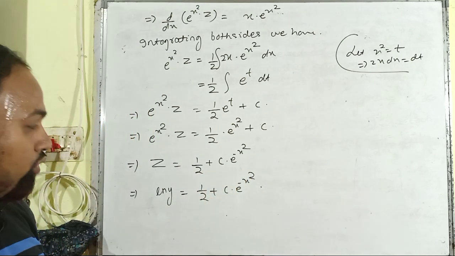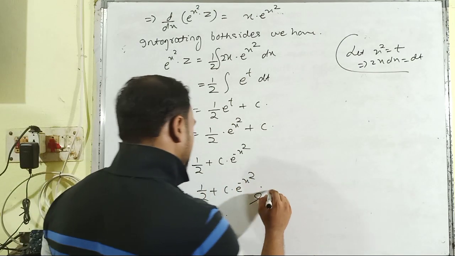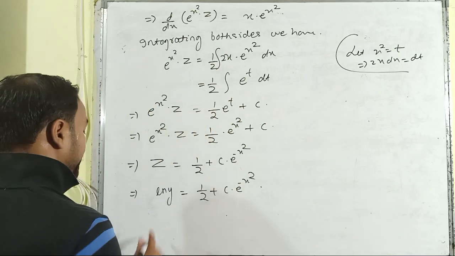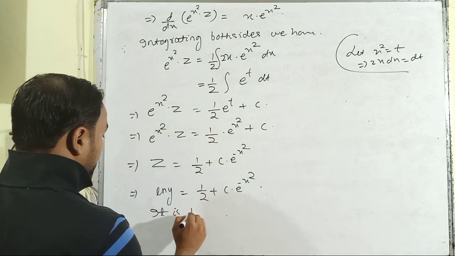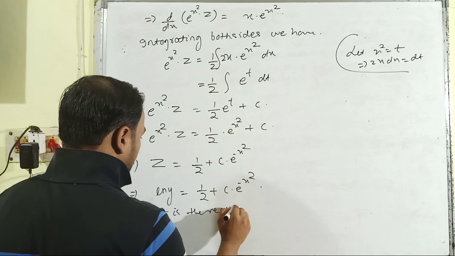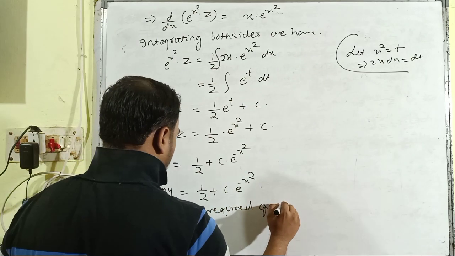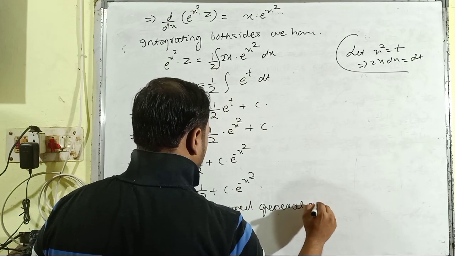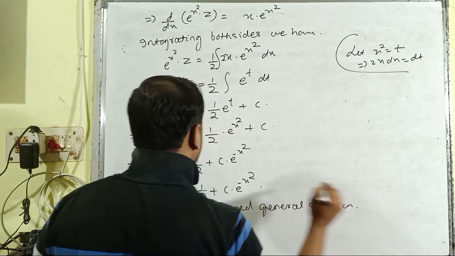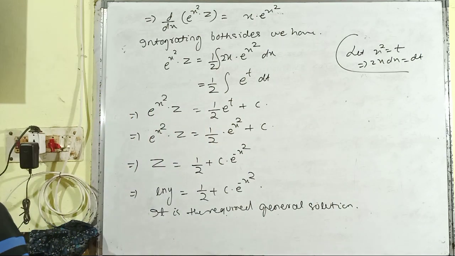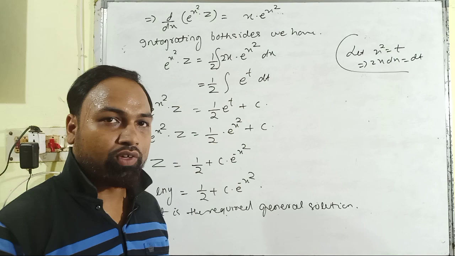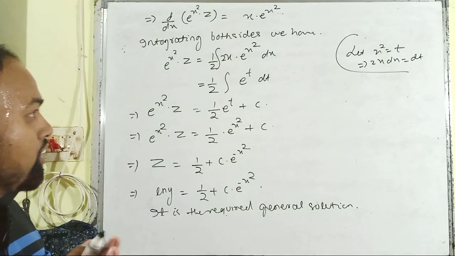So it is all about the solution of the first problem. This is the required general solution. So it is all about the solution of the first problem based upon the Bernoulli equation. Let us go through the second problem.